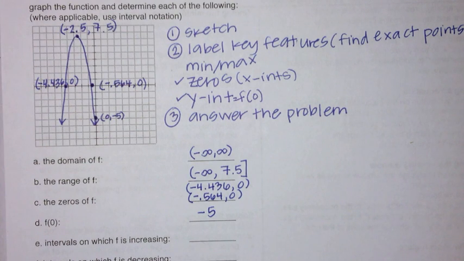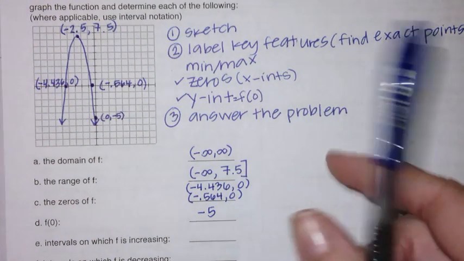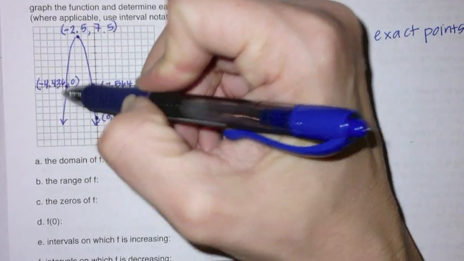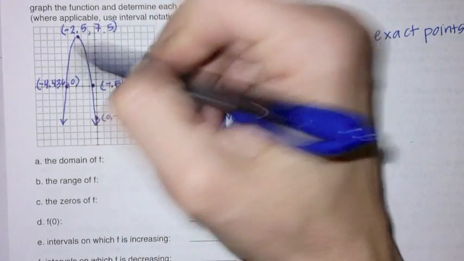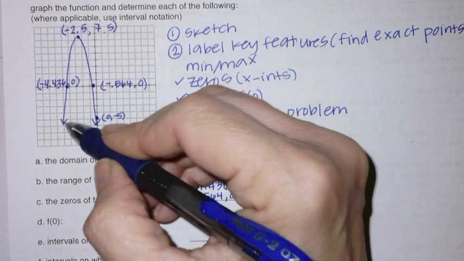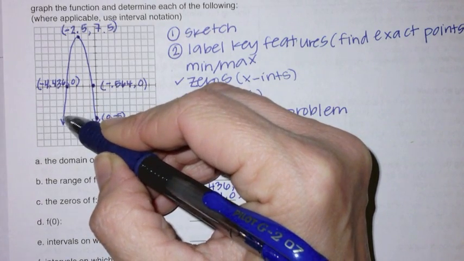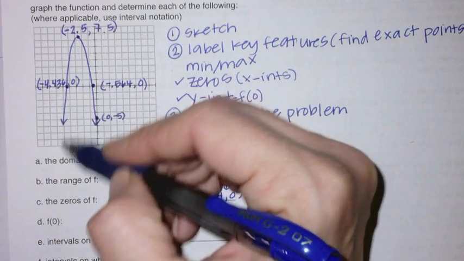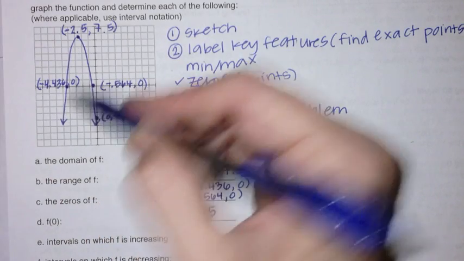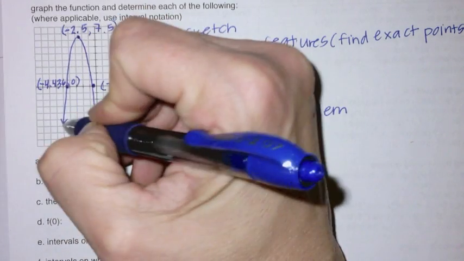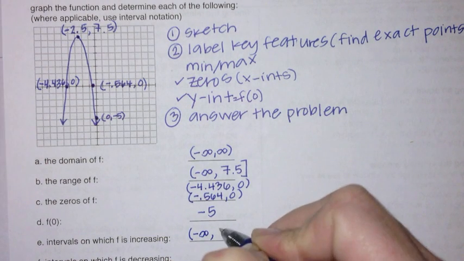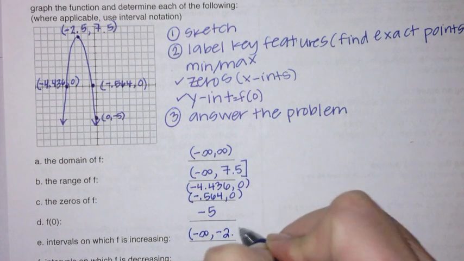Okay? Intervals on which f is increasing. We did this yesterday. Intervals of increasing, from left to right, you go up the hill. So remember, this arrow down here is just emphasizing that as the x's are getting more negative, so are the y's. So from left to right, I'm going up a hill from negative infinity to negative 2.5.